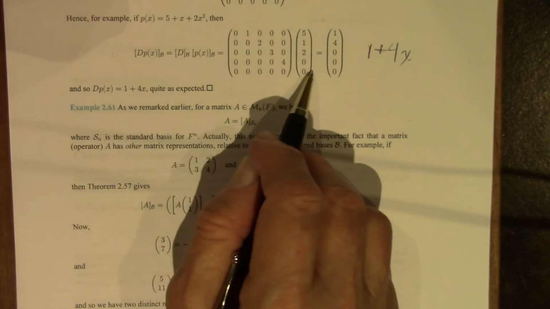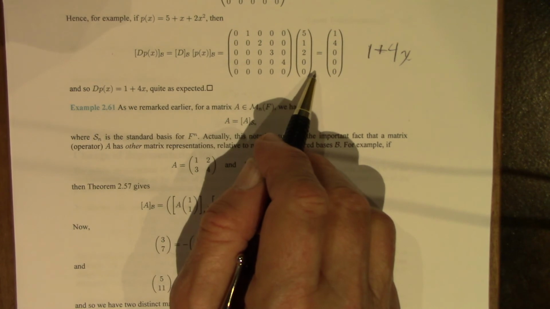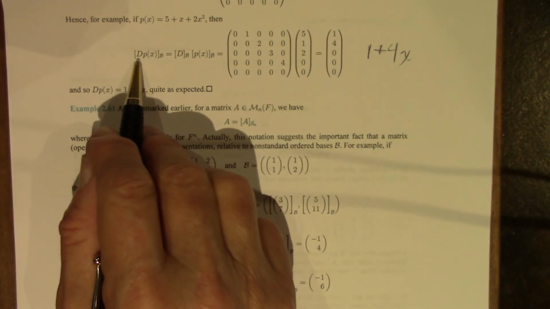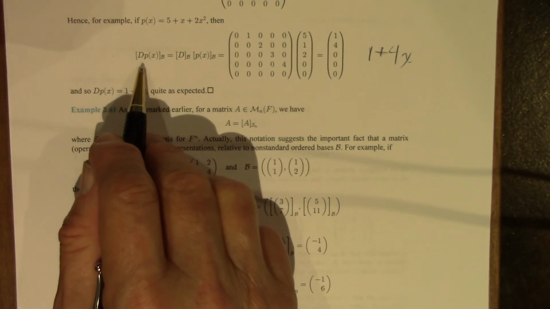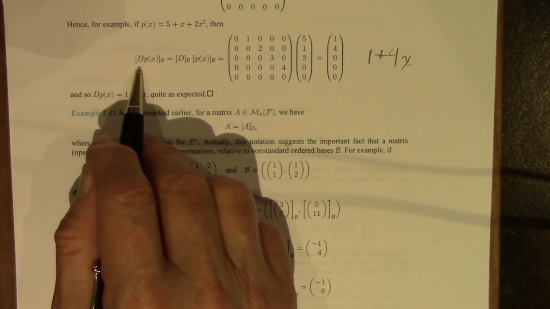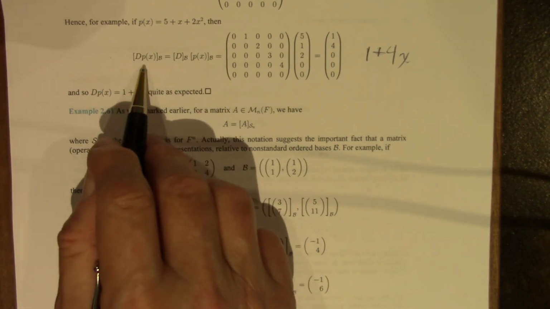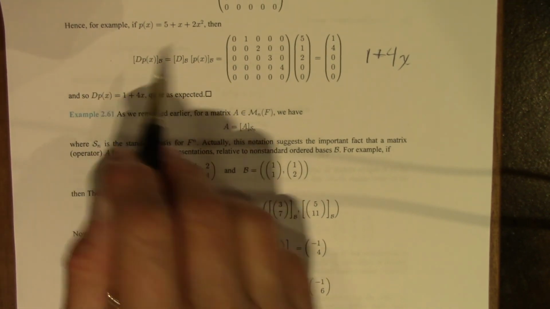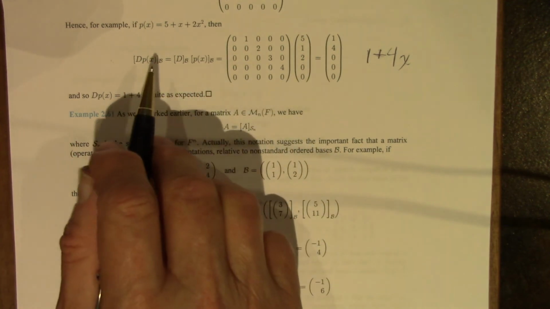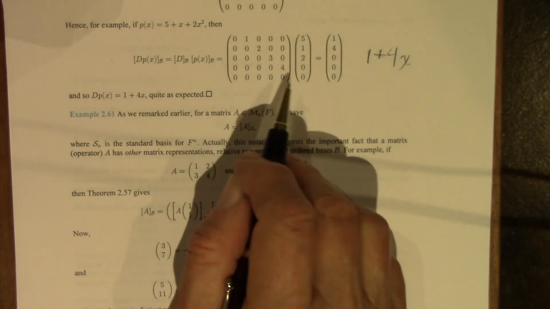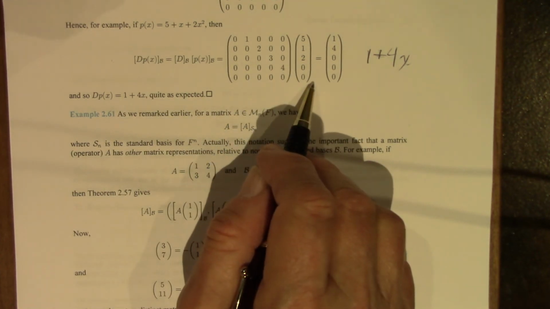And in this case, it doesn't really make much sense to do it. But if D was some other much more complicated linear operator, and the vector space was a more complicated vector space, it would be nice to reduce the application of an operator to a vector to simply matrix multiplication.